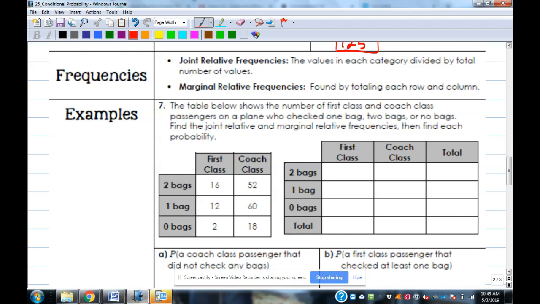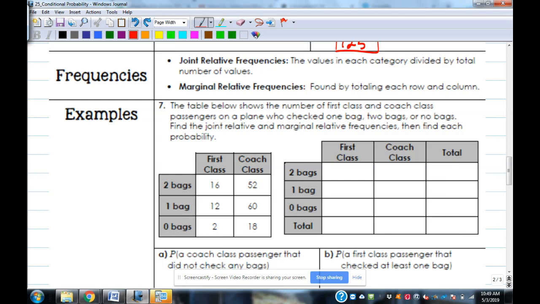Notice you got 3 and 3. Those two pieces relate directly to this chart, those two columns. This part and this part are what we're going to calculate after we've found those relative frequencies.